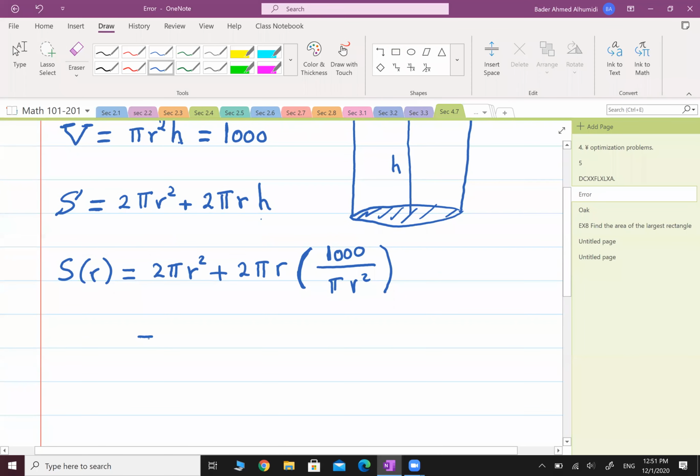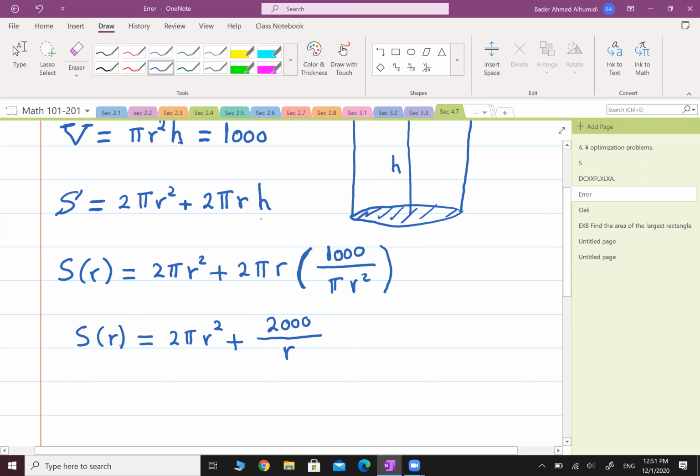If we simplify this, it will be 2πr² plus, the π will cancel out, so I have 2000 over r. Of course, here r is a positive number; r cannot be negative. This is the surface area in terms of r.